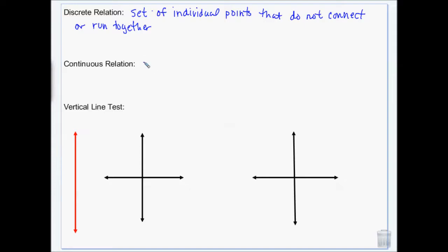Continuous are numbers that run together. So it's a gradual change. Changes in temperature are continuous. It may happen quickly, but it's not 20 degrees this second, and the very next second it's 90 degrees, right?